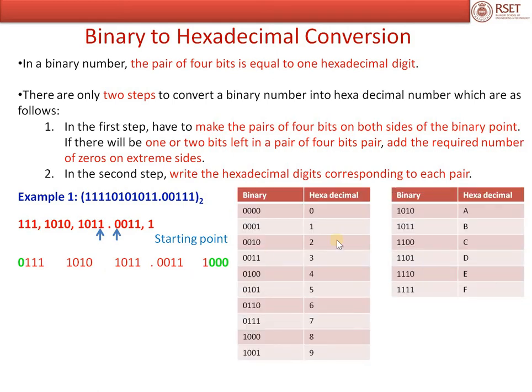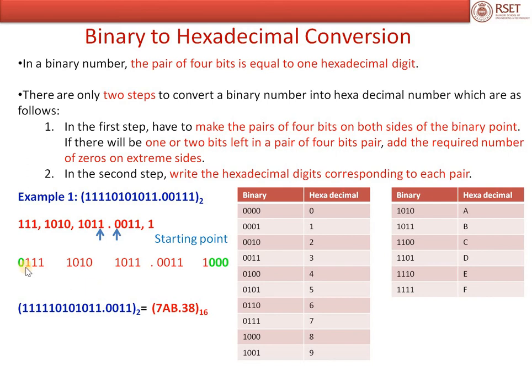And this is the corresponding hexadecimal. Binary 1010 is represented in hexadecimal as A. Similarly 1111 is represented in hexadecimal as F. So by using this table we can write the corresponding hexadecimal number.